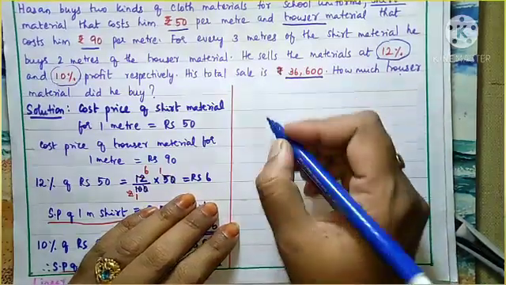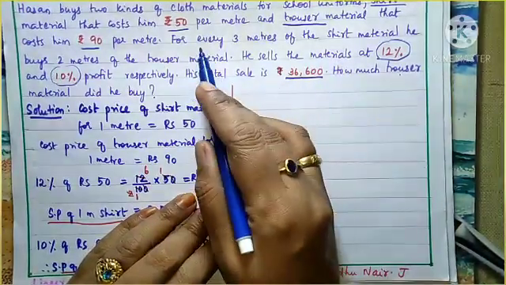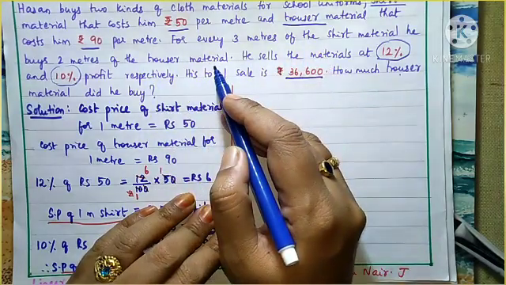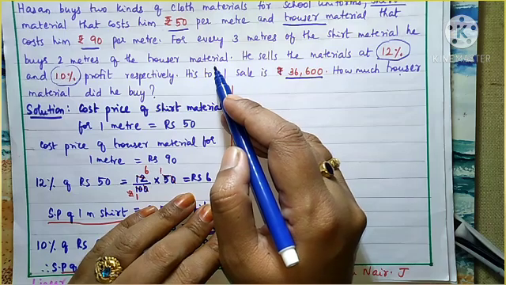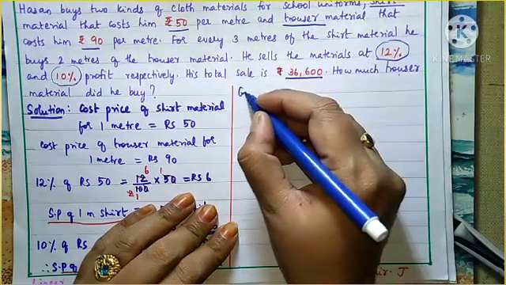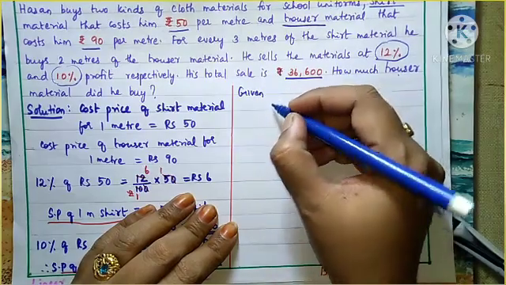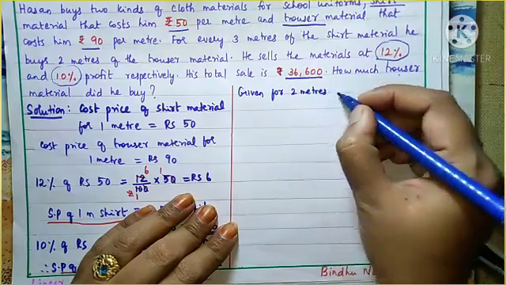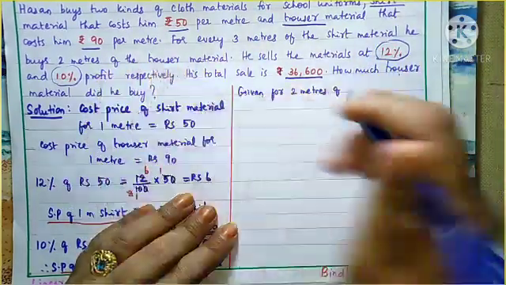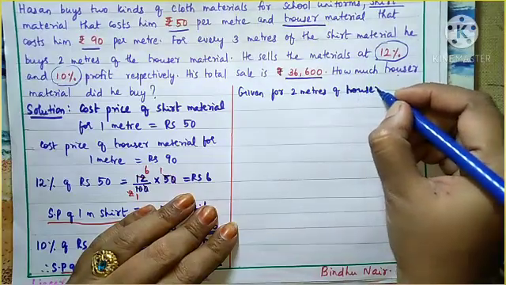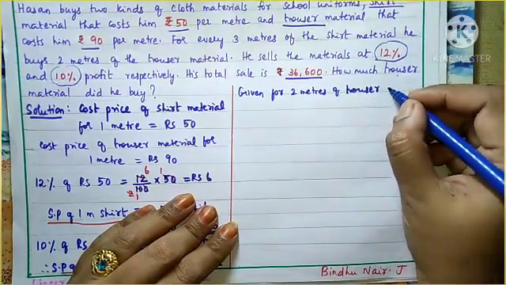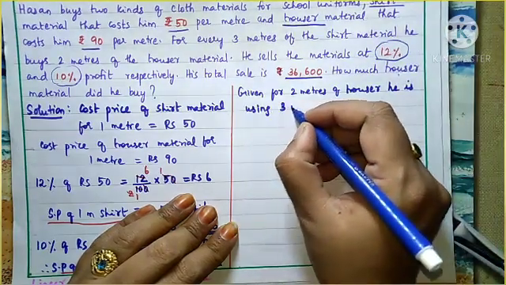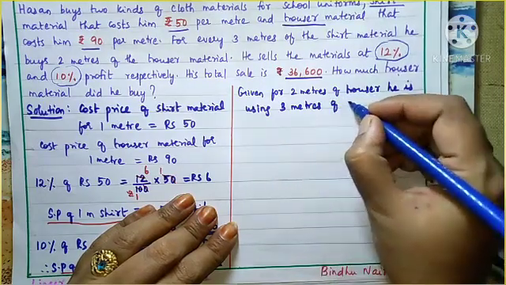So now we are using the relation given in the question. For 3 meters of shirt, 2 meters of trouser material is taken. Okay. So how can we write? Yes. So first we can write given: for 2 meters of trouser, he is using 3 meters of shirt material.